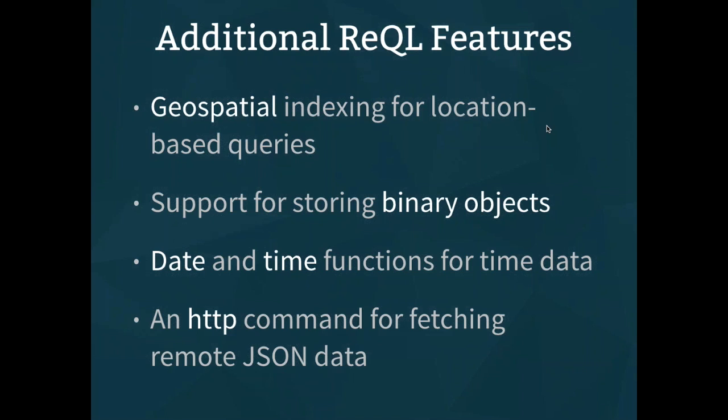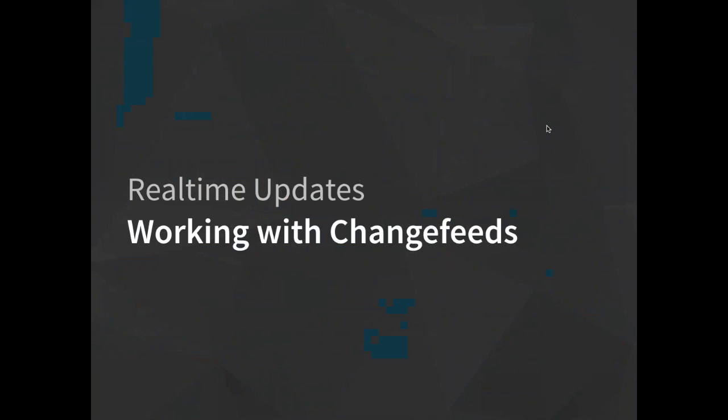We also support storing binary objects, so you can put an image thumbnail or really any other kind of raw binary content directly into the database, and it'll store it as the value of some field. We also have date and time functions, and I just showed you the http command. That's the last one on the list there. So yeah, ReQL really does a lot of things.